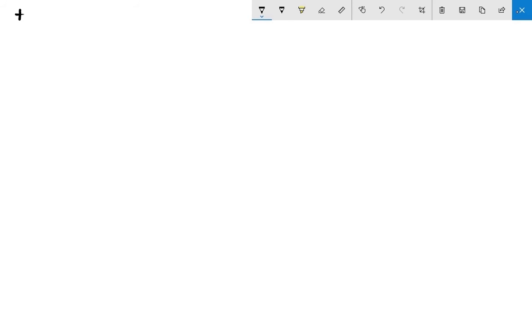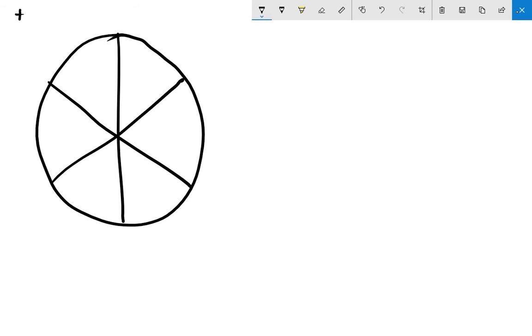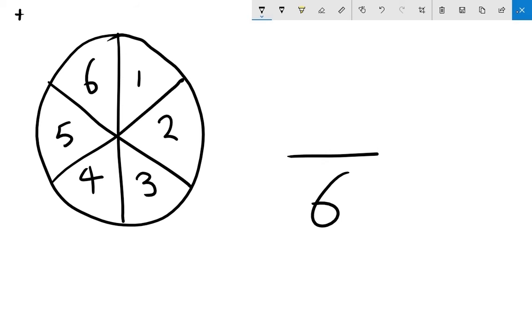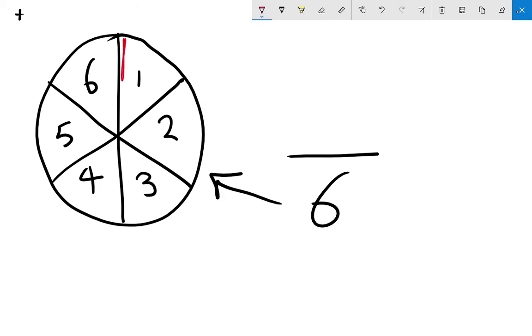Let's try something else. This is a circle, right? And the circle is divided into 6 parts. Let's count the parts. 1, 2, 3, 4, 5, 6 parts. So there are 6 parts in this circle. So let's say a part of the circle is shaded.